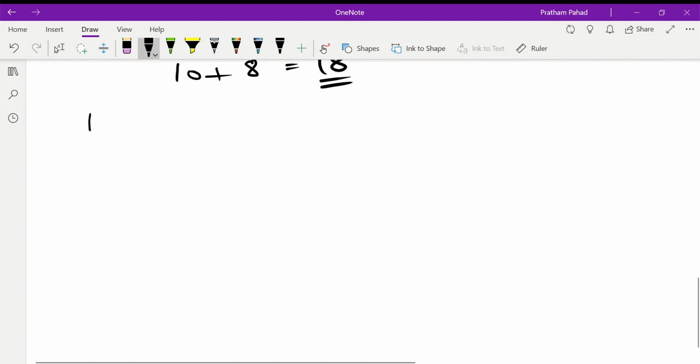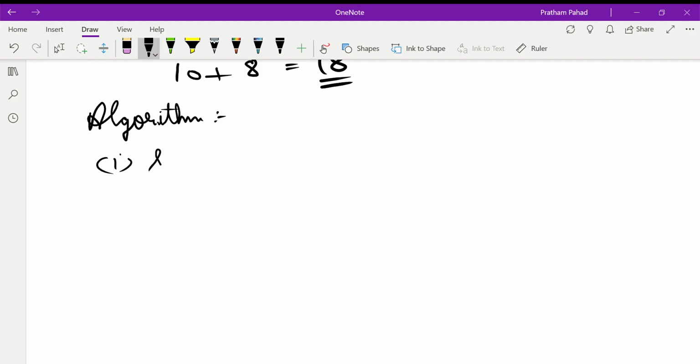My algorithm will run like this. Firstly, sort the array, then initialize your total cost with 0.